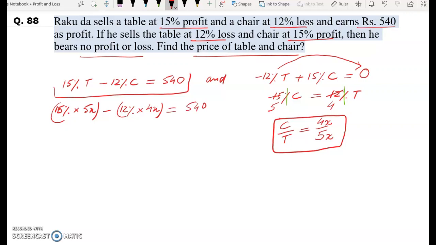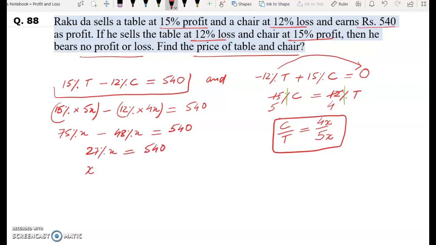Now 15% into 5x, 15 into 5 is 75. 75% of x minus 12 into 4 is 48. 48% of x is equal to 540. Now 75 minus 48 will give us 27. So 27% of x is equal to 540.